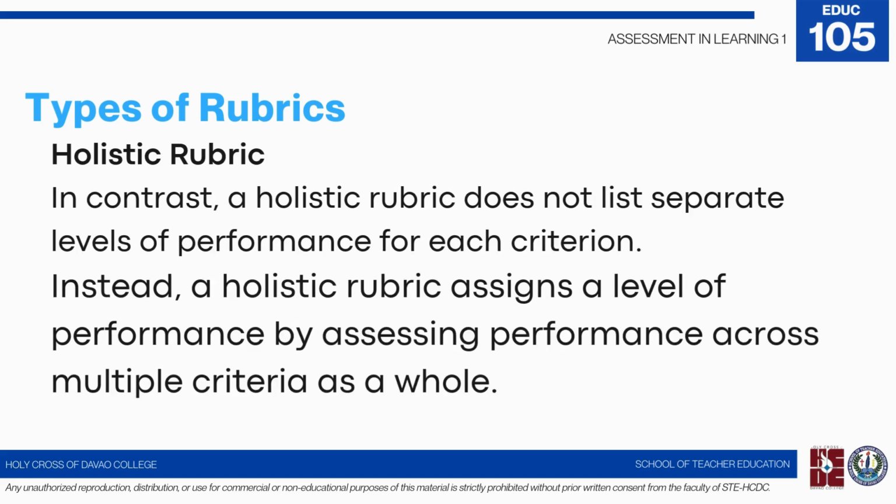However, on the other hand, a holistic rubric does not separate the levels of performance of each criterion. Instead, a holistic rubric assigns a level of performance by assessing the performance across multiple criteria as a whole. For example, we have 5 criteria against the same level of performance.